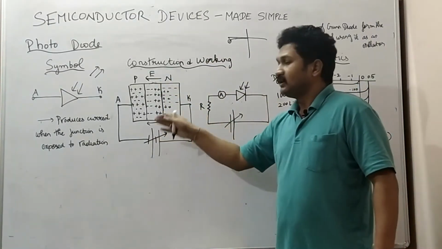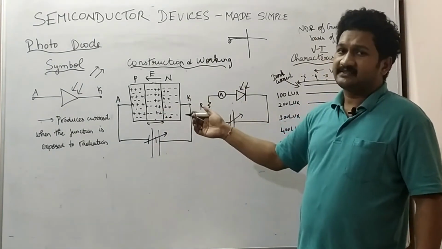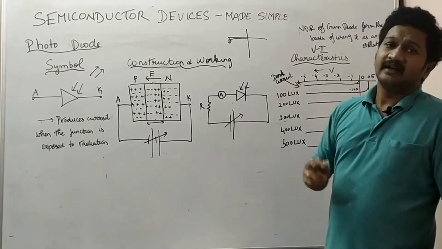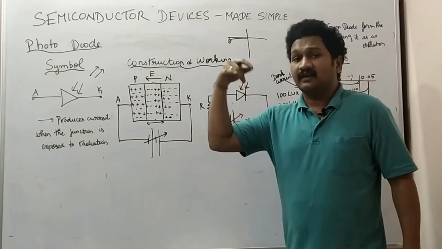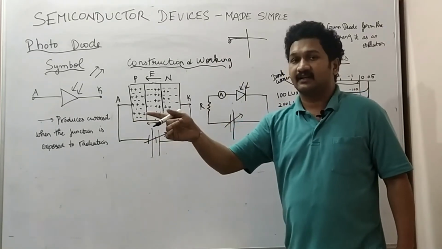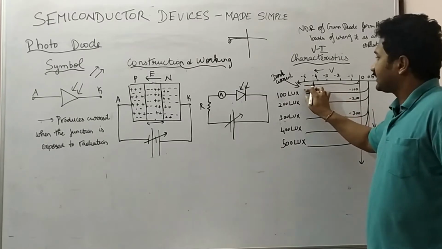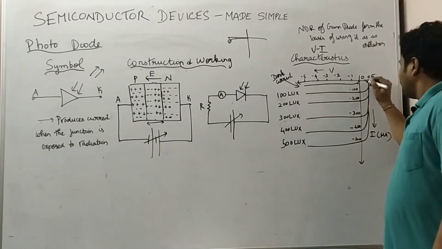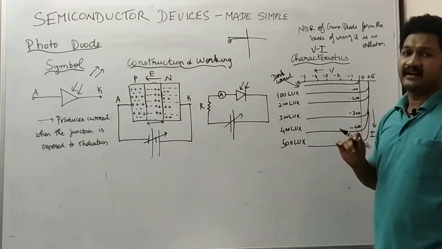When reverse biased, in both the photodiode and the PN junction diode, a small amount of reverse saturation current is produced. It is called reverse saturation current in a PN junction diode, and it is called dark current in a photodiode. Here, from 0 to -5, if the voltage is increased, a small amount of current is produced.